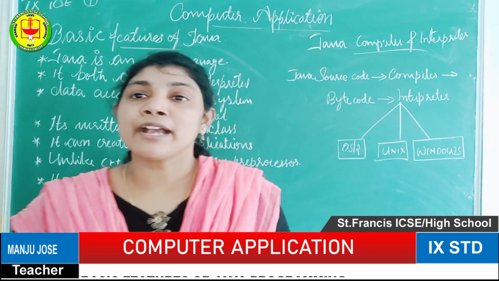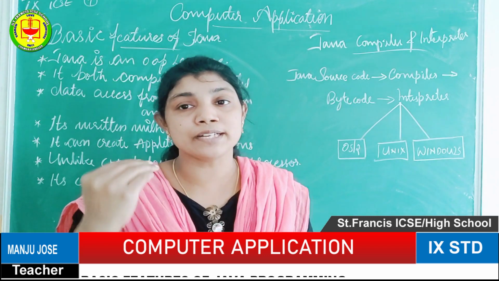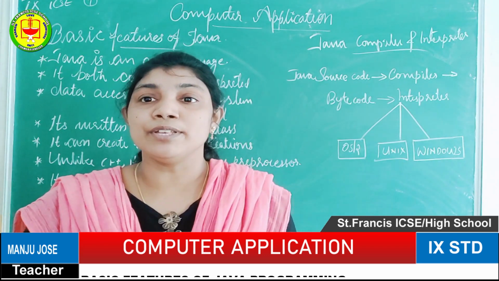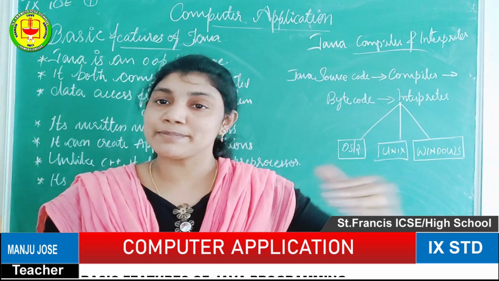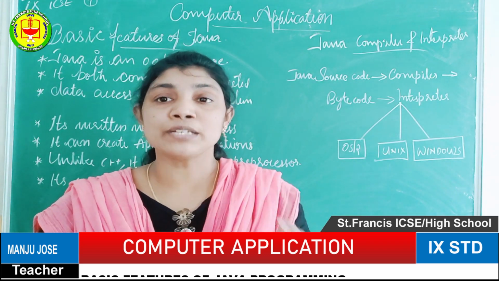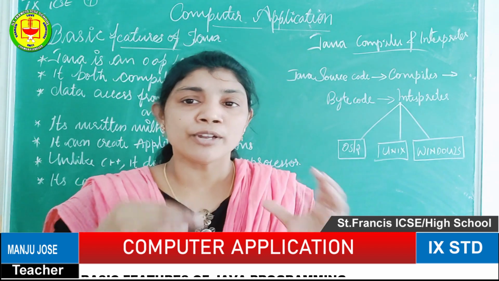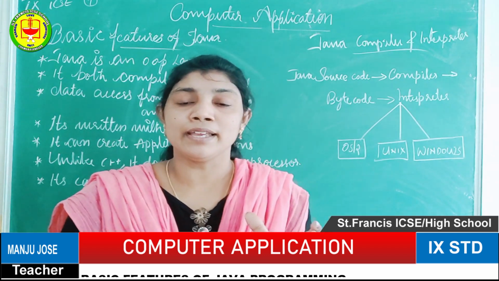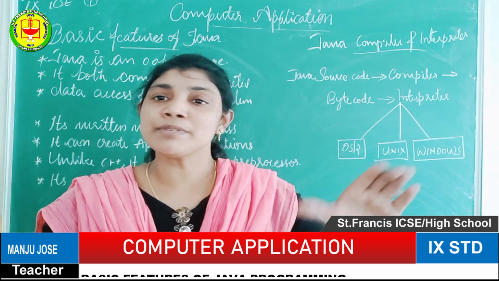Okay, let me come back to our topic, the features of the Java programming language. Two features we already explained in the previous classes. The first feature is that Java is an object-oriented programming language. So what do we mean by object-oriented programming? Many times in previous classes we explained it.